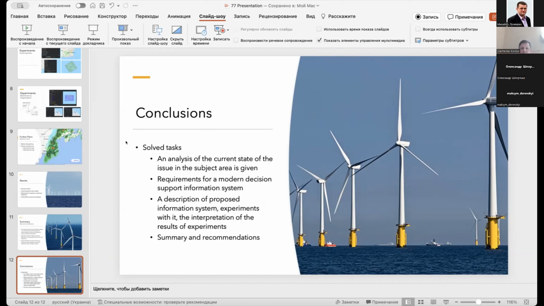Also, it can be supplied with some authorization systems where operators can be registered in advance and only have their credentials to actually authorize in that system.